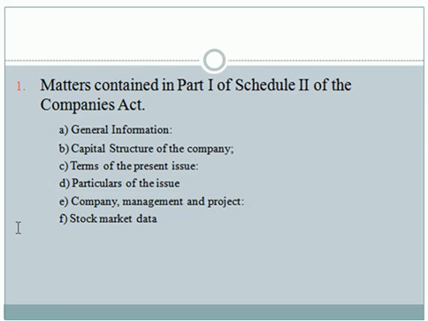The third is terms of present issue. And this is about terms of payment, about the rights of the instrument holder or the equity holder who will be buying the shares. His rights will be mentioned. Particulars of the issue will be the objects of the issue, the project cost, the means of financing the issue, including the contribution of promoters.